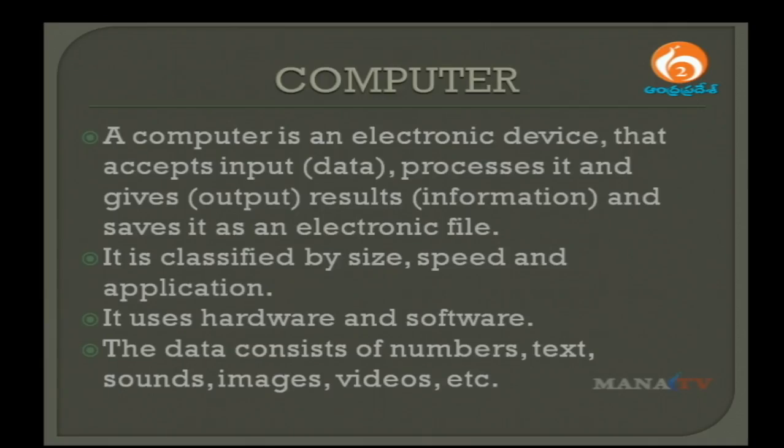So what is this data here? In computer, the data refers to, if you look at the PPT once, yes, the data consists of numbers, text, sounds, images, videos, etc. So what is numbers?